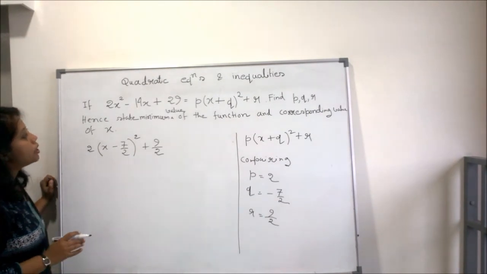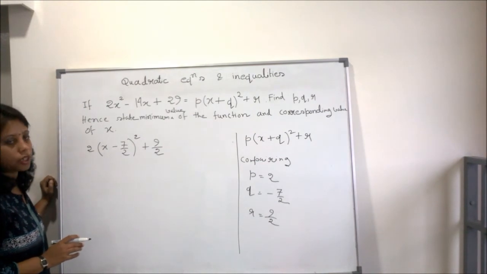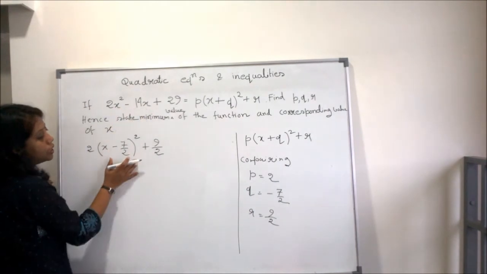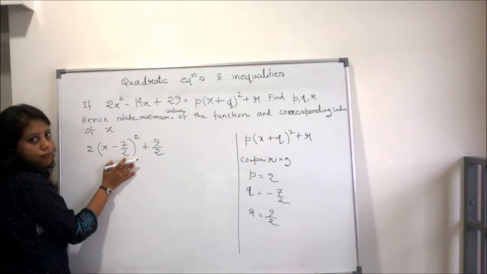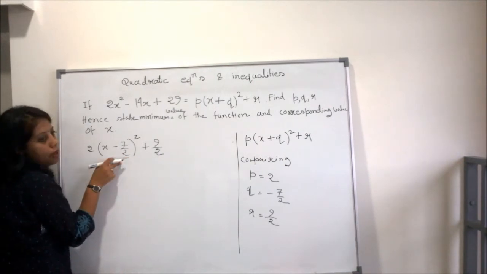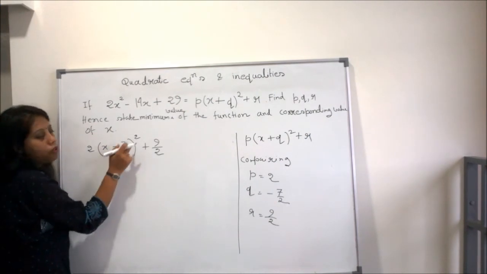Okay, now we are coming to the second part. What is given? We have to find the minimum value of this function. So you can see here the given function is of this form. In this form we can say one thing: the minimum value of this part is 0. It cannot be negative as this is a whole square.